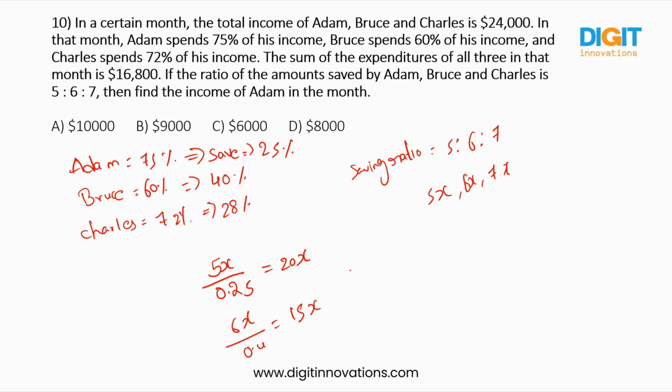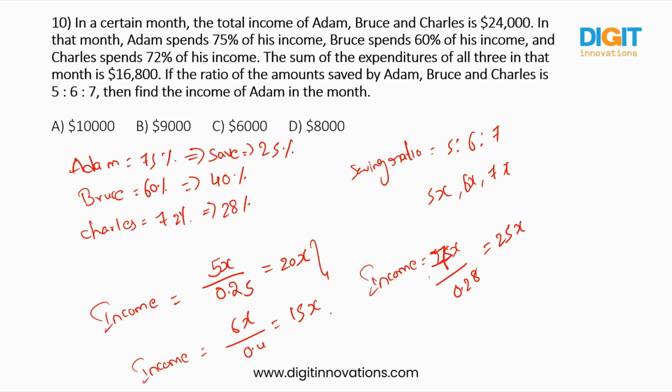So income equal to 20x and 15x and 25x. And total income, like for the other person, which is 7x by 0.28, which should be 25x.